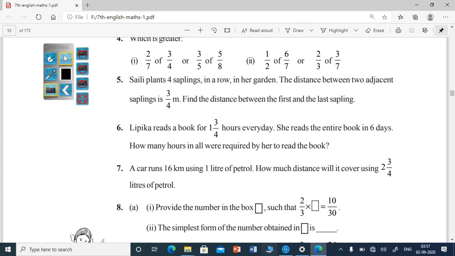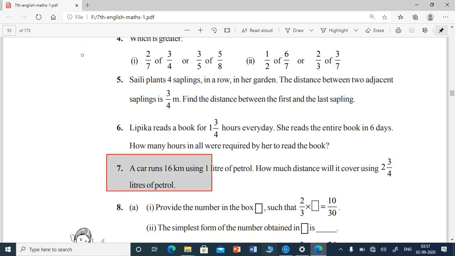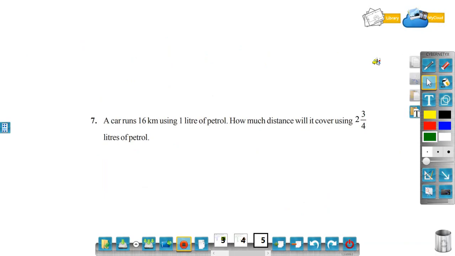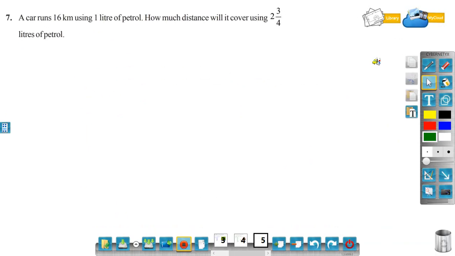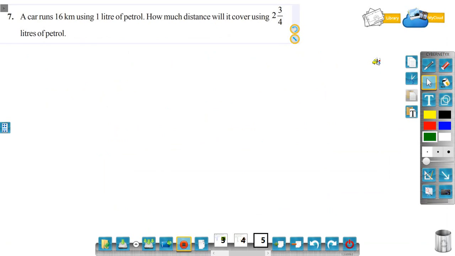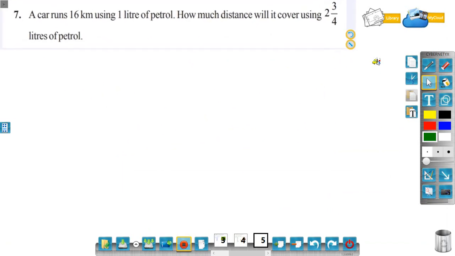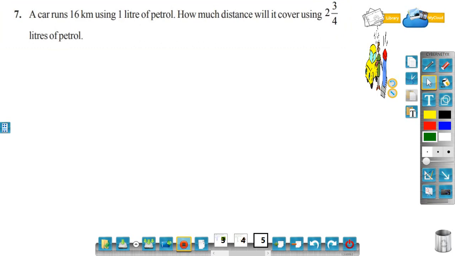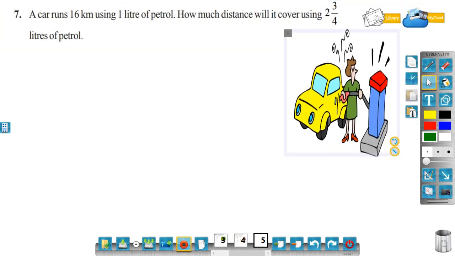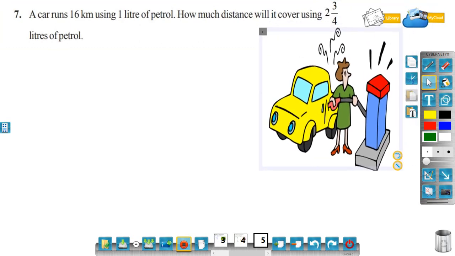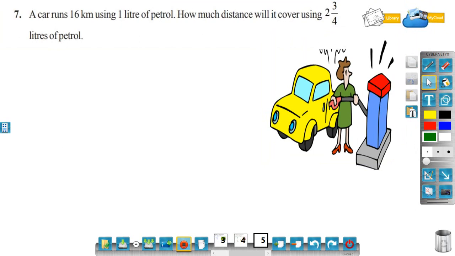See the next question. A car runs 16 kilometers using 1 liter of petrol.